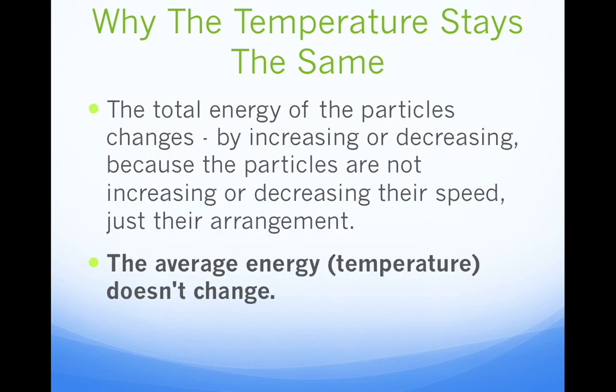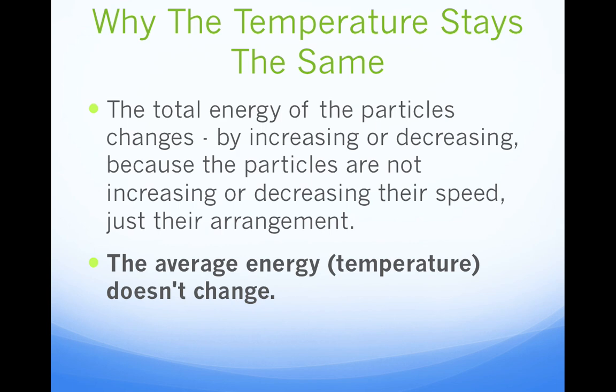So the total energy of particles changes by increasing or decreasing, because the particles are not increasing or decreasing their speed, just their arrangement. Okay, so they're arranged less orderly. And so the total energy changes based on this arrangement of the particles, becoming farther apart.